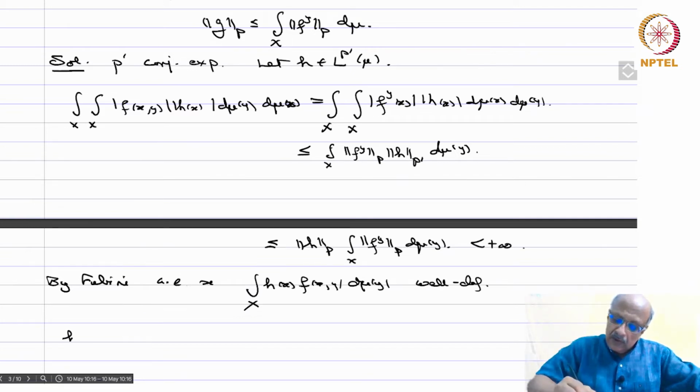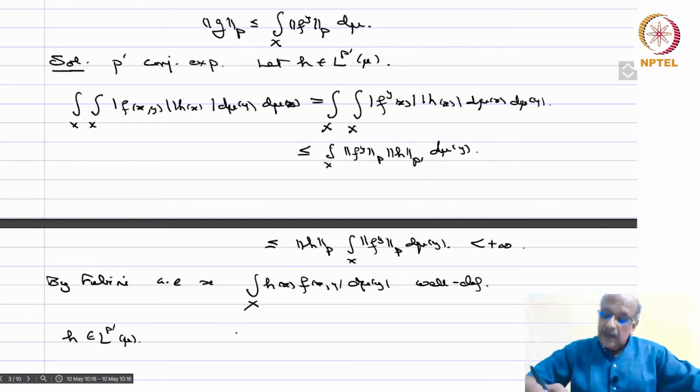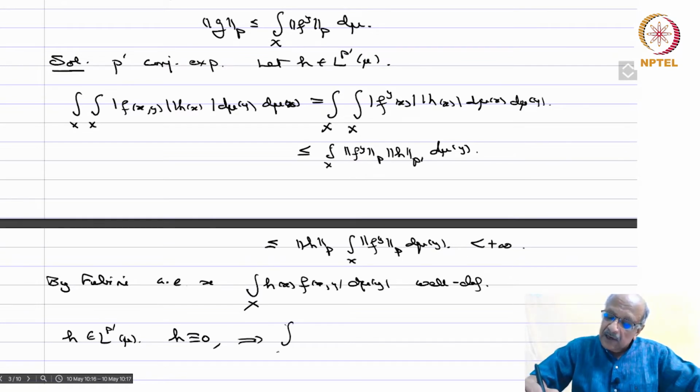So you take h in L^p dash(mu) such that h is not identically 0, then you have that. So this implies that integral over X of f(x,y) d mu(y) is well defined.